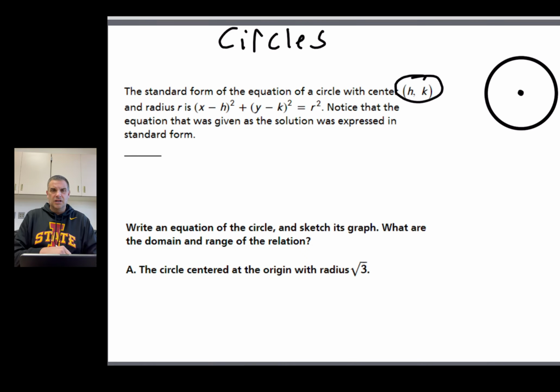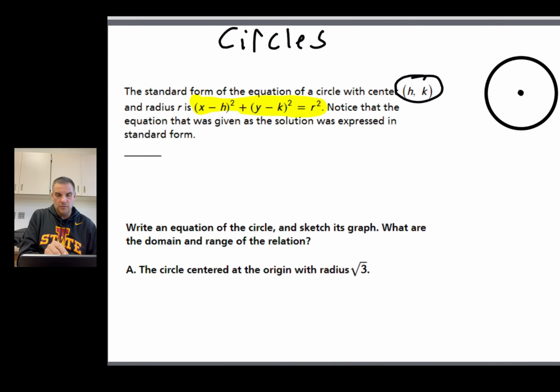We'll start out with a general definition of what a circle is. The standard form of an equation of a circle with center (h, k) and with radius r is (x minus h) squared plus (y minus k) squared equals r squared. Highlight that and put that somewhere so you know where it is.